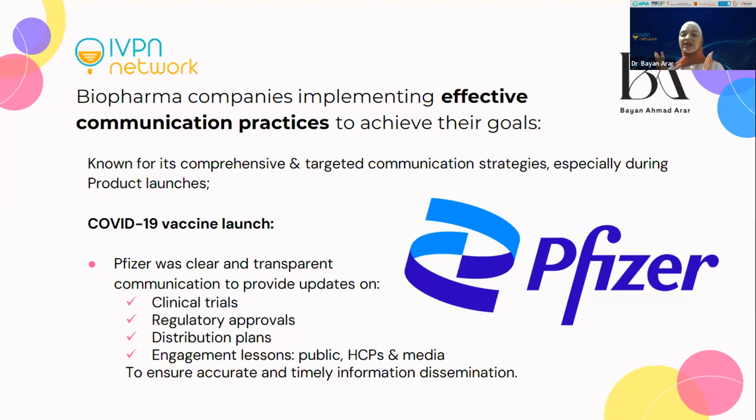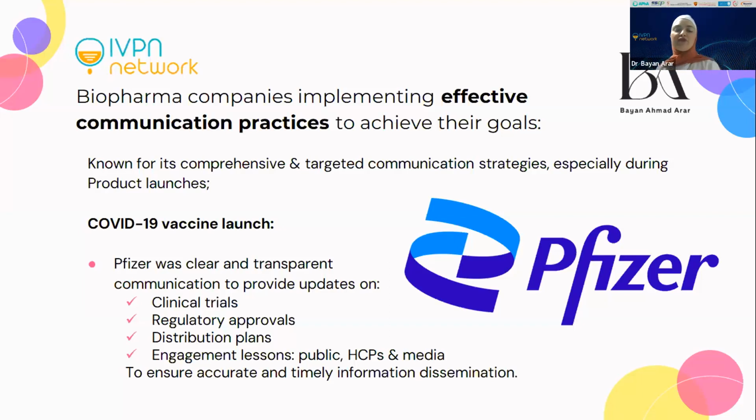How? They made a clear and transparent communication, providing us with updates. They didn't have the vaccine ready yet, but they involved us in the process, how they were going to bring new hope to the whole population on Earth.